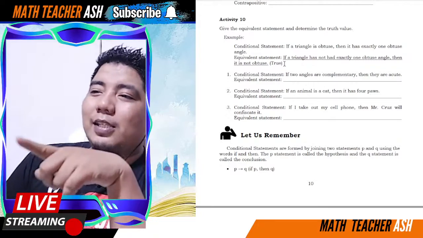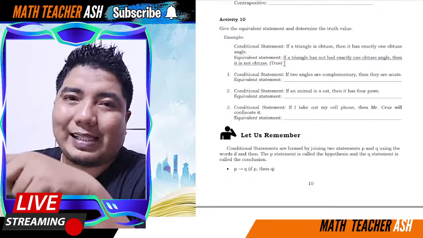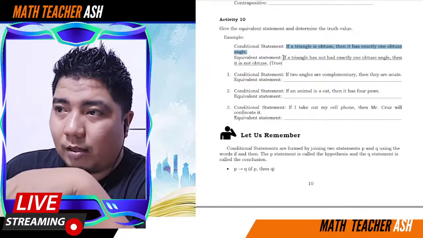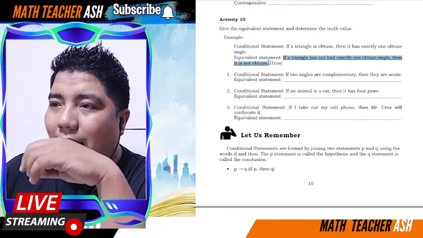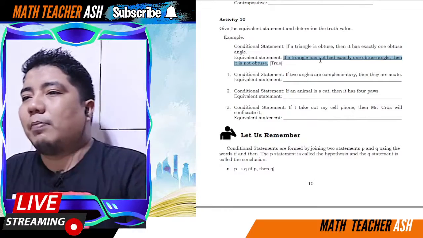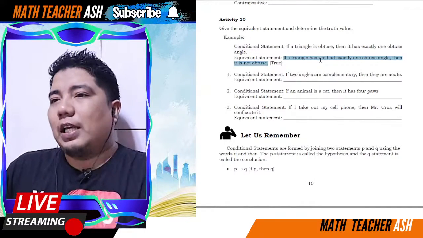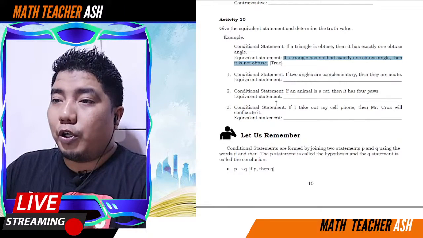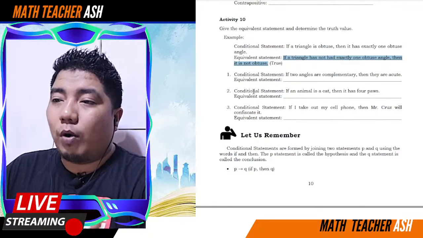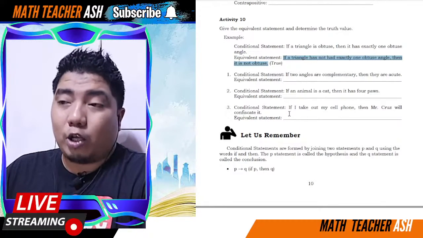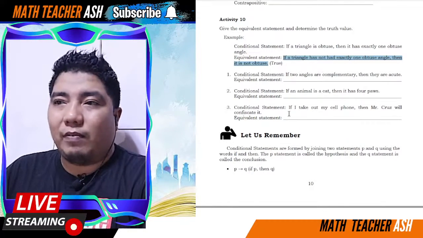As you can see, my dear math learners, dito sa example, this is known as the conditional statement, and then kinuha niya ang contrapositive statement. Binaliktad niya yung P and Q, tapos ninegate niya. So, for you to have the equivalent statement of number 1, 2, and 3, you need to get the contrapositive statement of the given conditional statement.